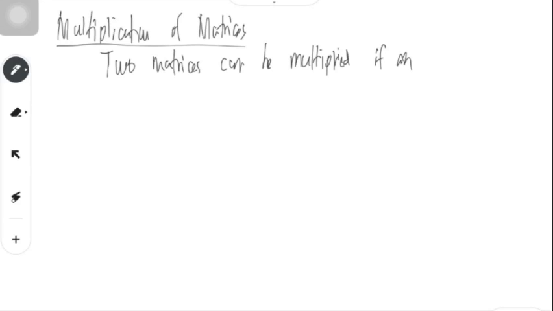Two matrices can be multiplied if and only if they are conformable. What do you mean?